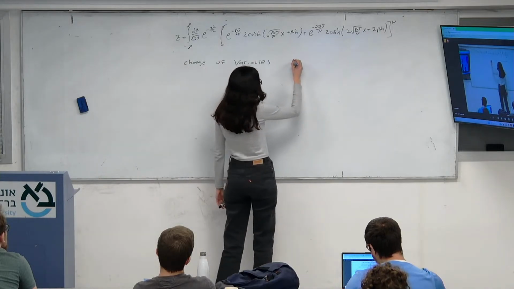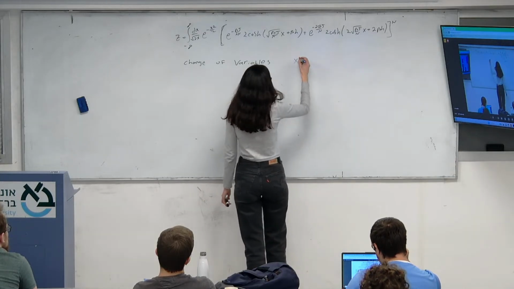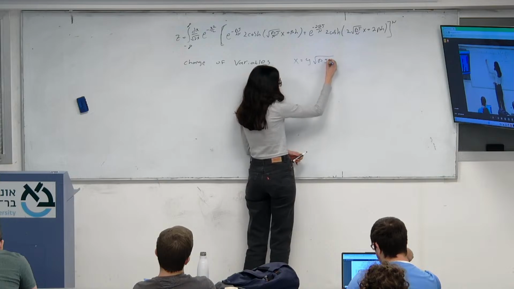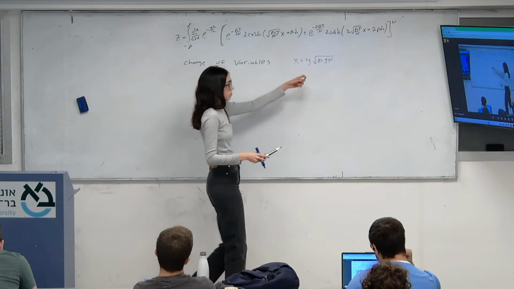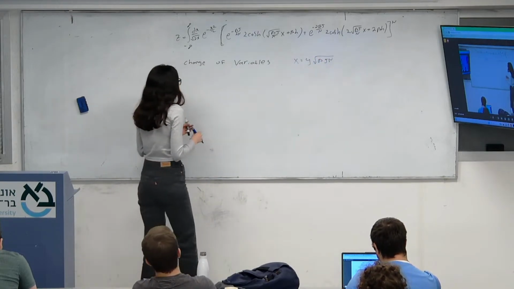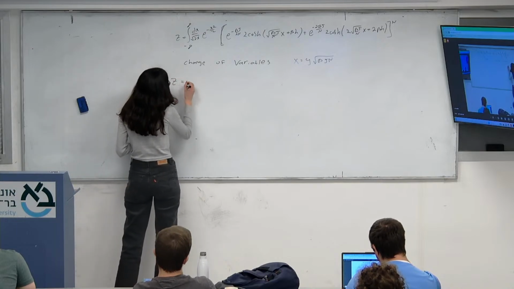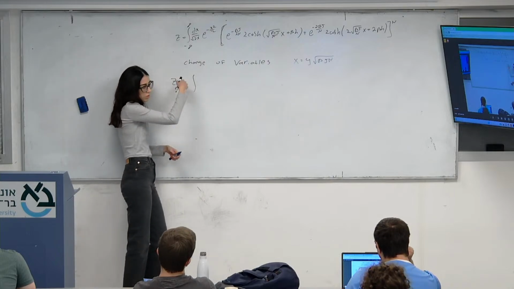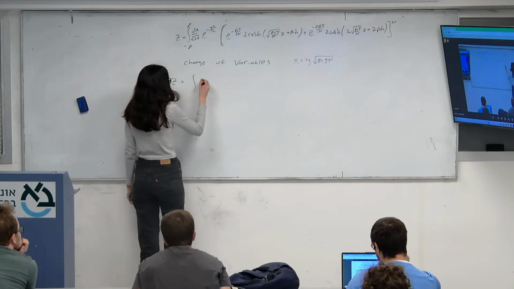So let's say that x is equal to some parameter y multiplied by the square root of beta j n. So I'm going to do that, and then later when we find the free energy, I will explain why I chose that change of variables. So now z is equal to, I have some constant here outside, but we're going to ignore it because it's going to cancel out in a minute.